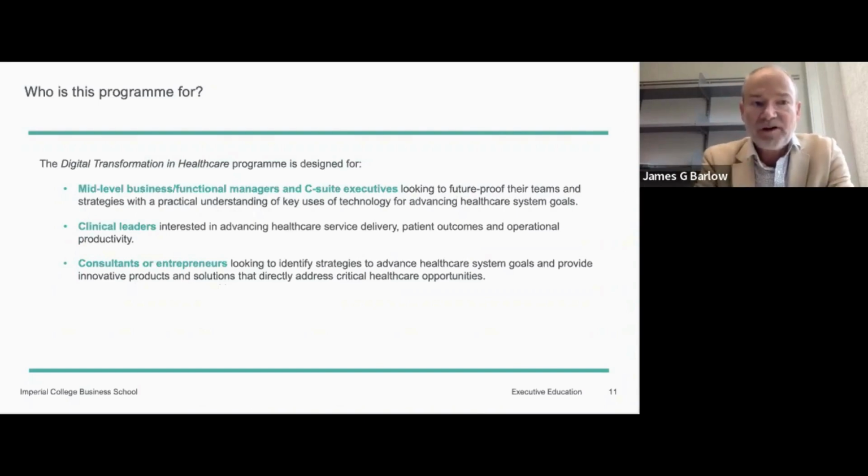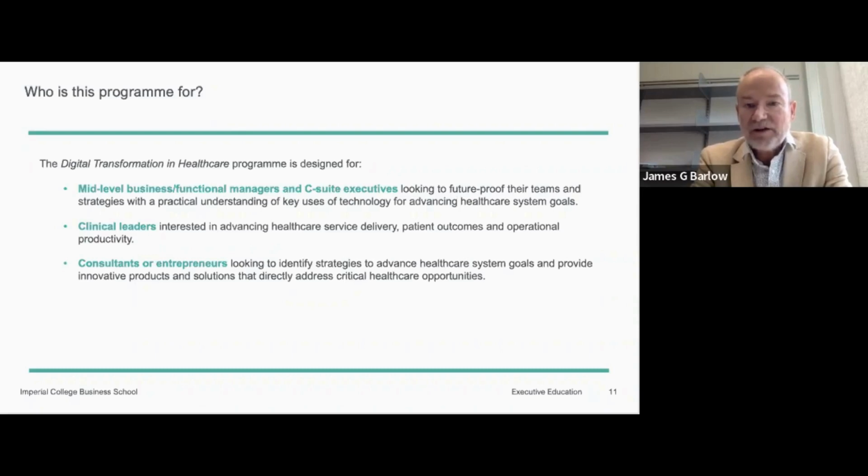So who's the program, who have we designed this program for? Really, we've designed it with 3 groups in mind. Mid-level business and other managers in the healthcare sector, and people who are in particular looking to future-proof their teams and their strategies, and have an understanding of digital health and digital health technologies and what it might mean for them personally.